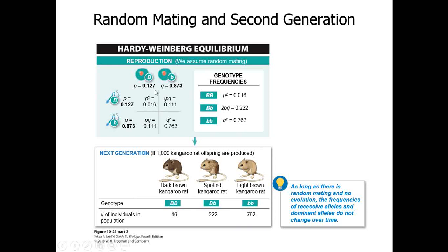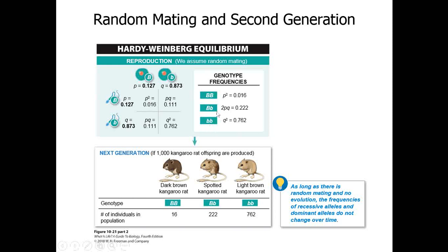PQ is just P times Q, so 0.127 times 0.873 is 0.111, and then there's 2 of them, that's the 2PQ here. And then Q squared is just 0.873 times 0.873, which is 0.762. That's where you get those from. And so the genotype frequencies from those numbers are going to be P squared, 0.016, 2PQ is 0.222. Remember, there's 2 of them, so we have to add them together.